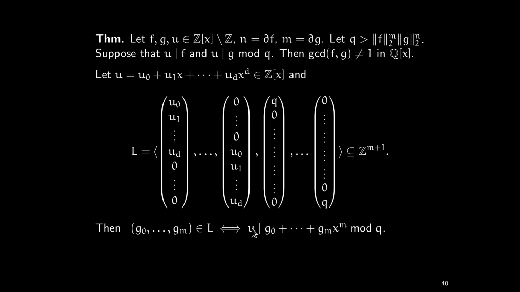So this is what we will do. A vector of integers belongs to this lattice, the way we constructed it, if and only if u divides this polynomial mod q. And with LLL we will find a short vector, that means a vector where these coefficients are small.